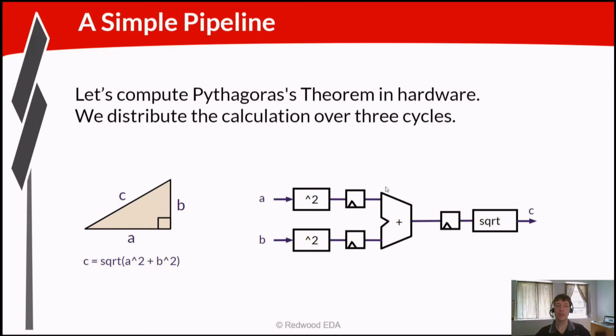And I've distributed this computation over 3 pipeline stages, and I'm putting flip-flops in between because the computation is too deep to perform in a single cycle. In fact, square root itself is a whole different game that you could never compute in a cycle, but just for illustration purposes, we'll assume that's a single cycle square root.